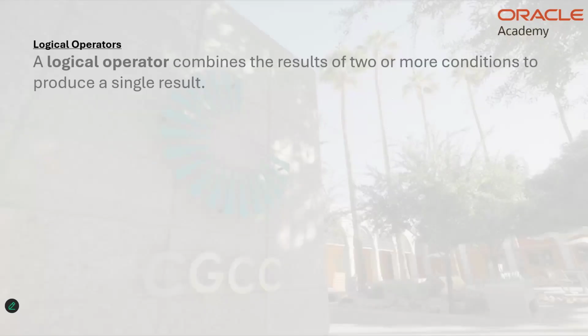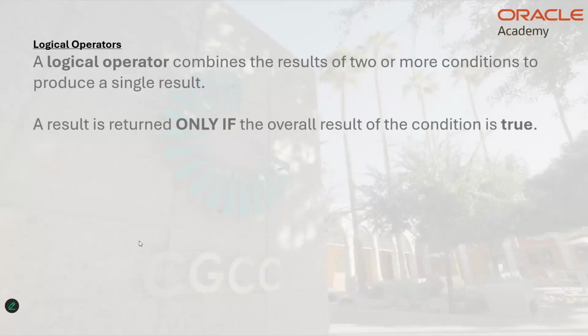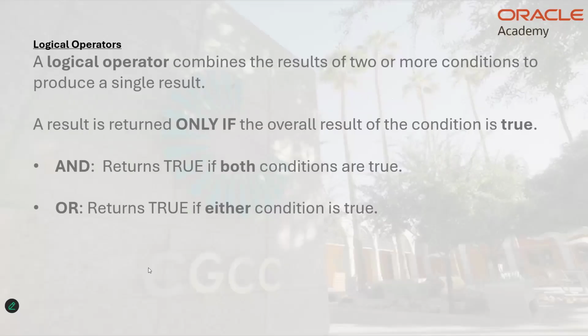So let's add an OR. Remember, the logical operators combine the results of two or more conditions. I said that before. The result is returned only if the condition is true. AND returns true if both are true. These are logic tables. OR returns true if either of the conditions is true.